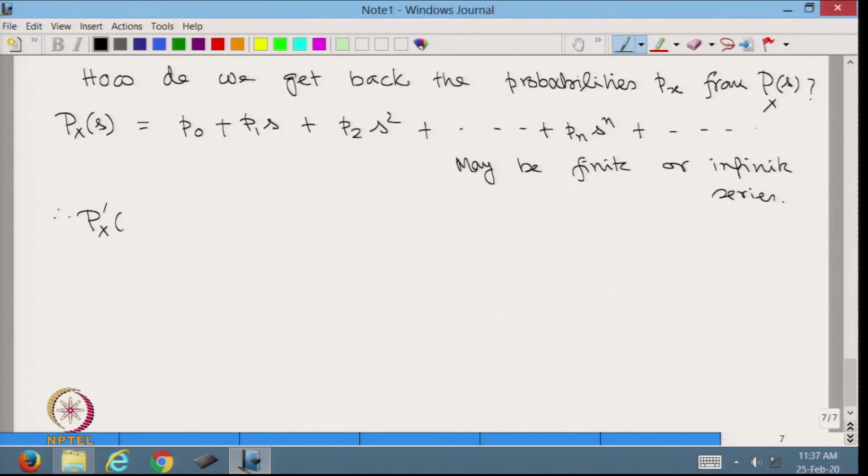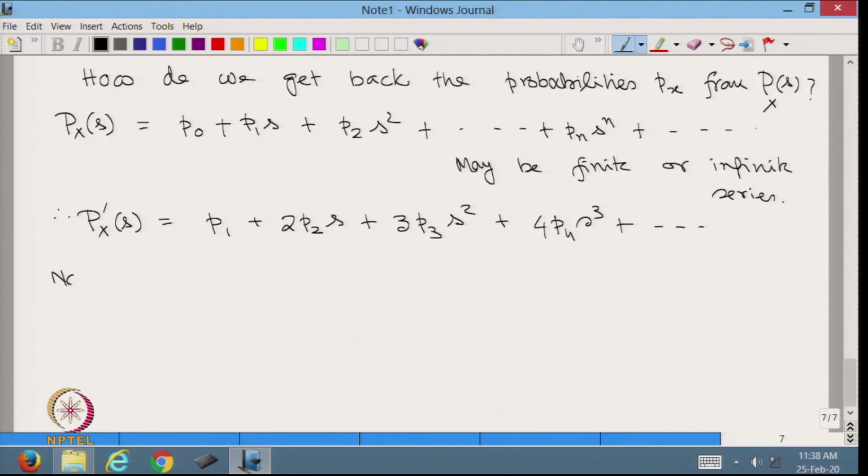P prime x at s is equal to P1 plus 2 P2 s plus 3 P3 s square plus 4 P4 s cube, like that.